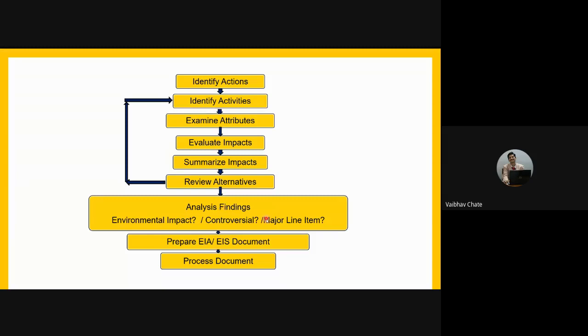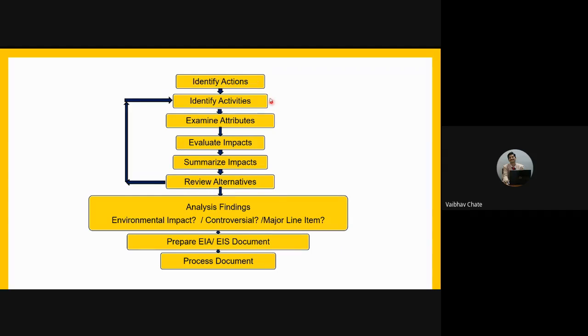I repeat, after going from step 1 to step 6: identify action is the first step, identify activities is the second, examine the attributes is the third, evaluate the impacts is the fourth, summarize the impacts is the fifth, and review the alternatives is the sixth.